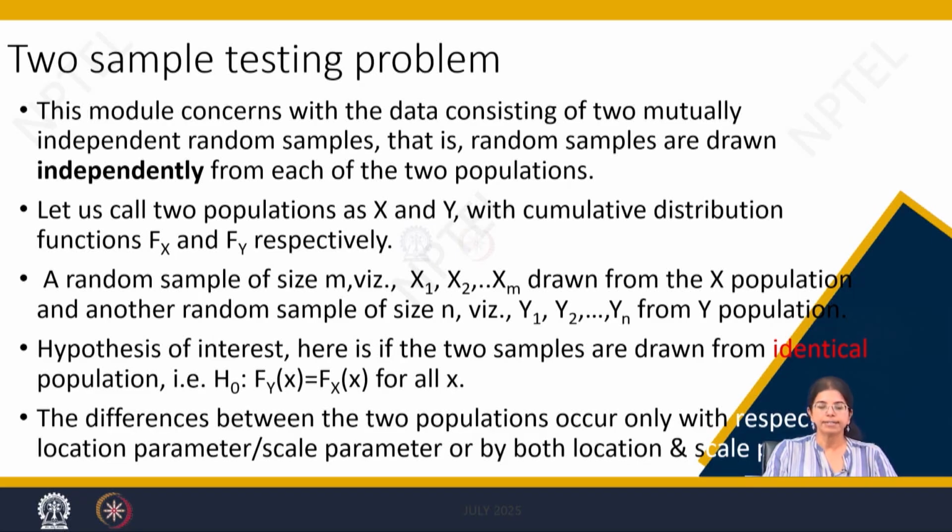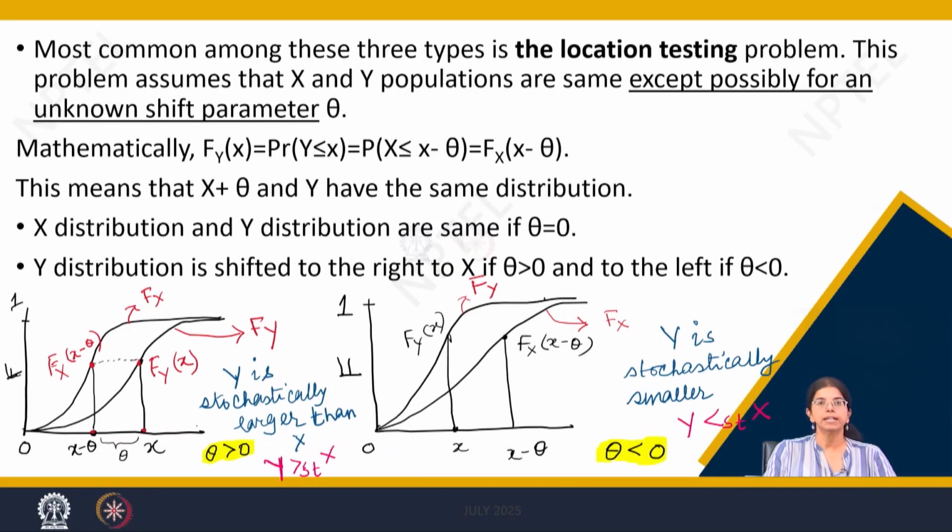Now when we are saying that these two populations are not the same, we have to mention on which ground they are different. They might be different on the ground of the location parameter, they might be different on the ground of the scale parameter, they might be different for both the location and the scale parameter.